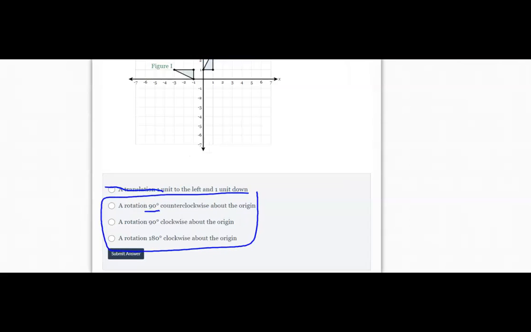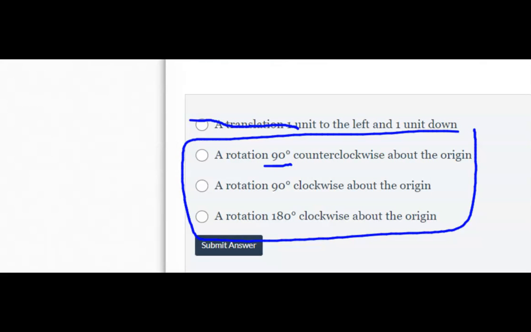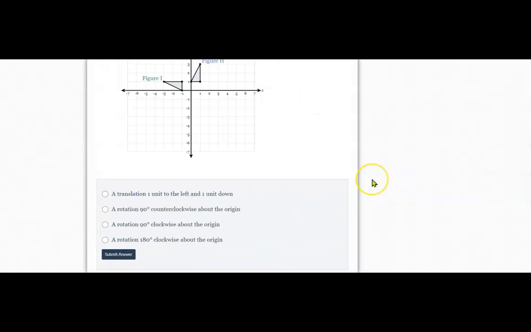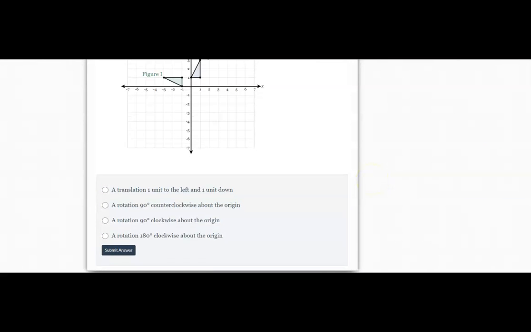Now, 90 degrees is 1/4 turn. 180 degrees is 2/4 turns. So did you turn 1 quadrant? Right, that's 90 degrees. Or did you turn 2 quadrants? That's 180 degrees. So we only turned 1 quadrant, so that means it's one of these two 90-degree turns. So let's take a look.